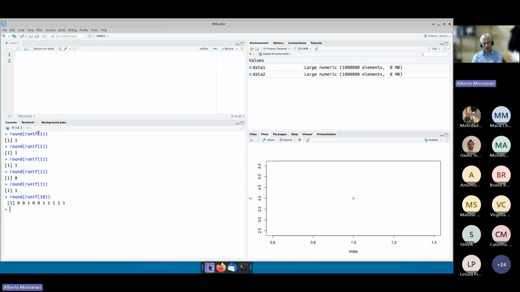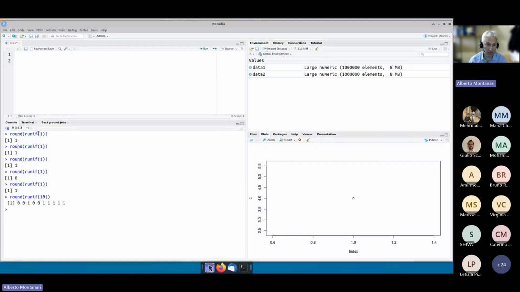Okay, so what I did here is 10 tossings. What is the frequency of the tail? 1. Okay, I said tail is equal to 1. What is the frequency of ones?